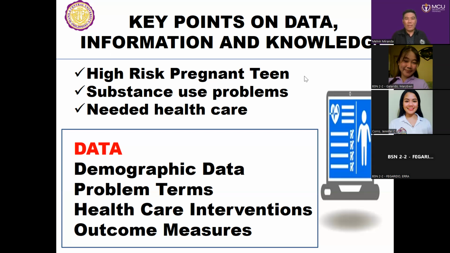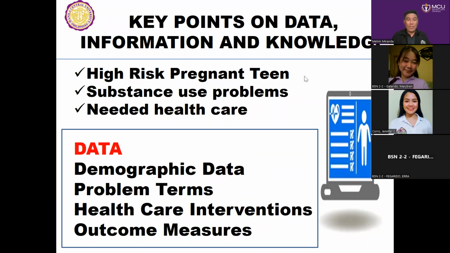Okay, I have received a response. How about the others? I have received one response. Needed healthcare, is it data or information? You can connect the relationship with each other because you have already identified the health problem.